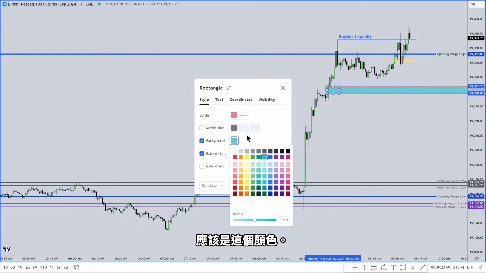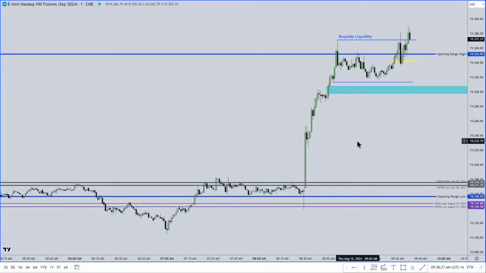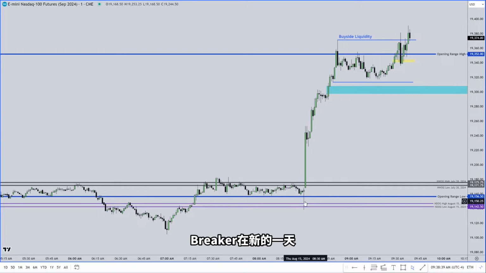It should be this color. There you go. So what we have here is we have low, high, low, breaker. Breakers inside of the new day opening gap. That's this level here and that level here.